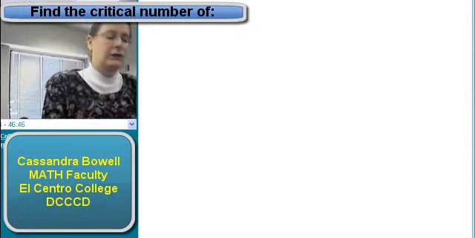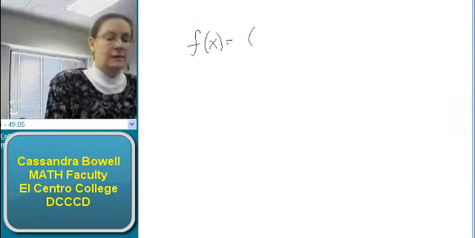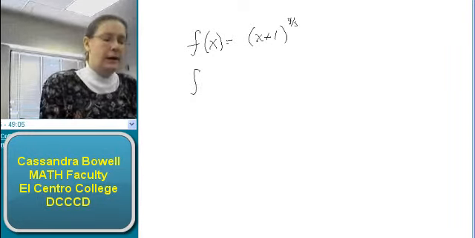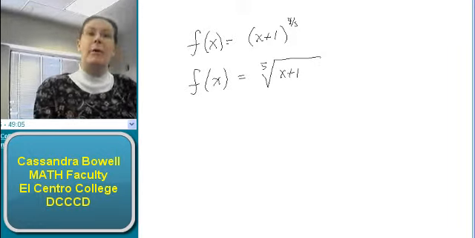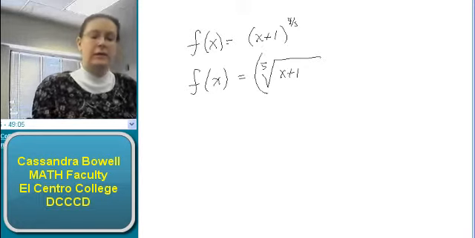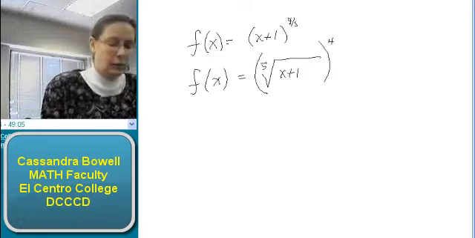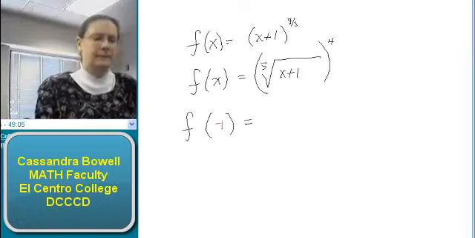Okay, here's the original function. The original function, without taking the derivative, is x plus 1 to the 4/5 power. Another way to write that is the fifth root of x plus 1 to the fourth power. Anytime you have a rational exponent, it's power over index. So what you're asking is what happens if you plug in negative 1 here, right?